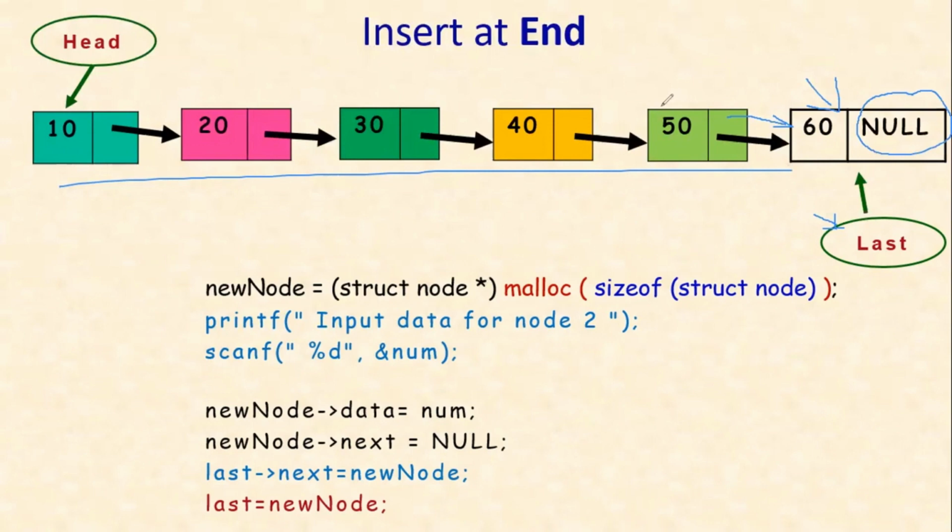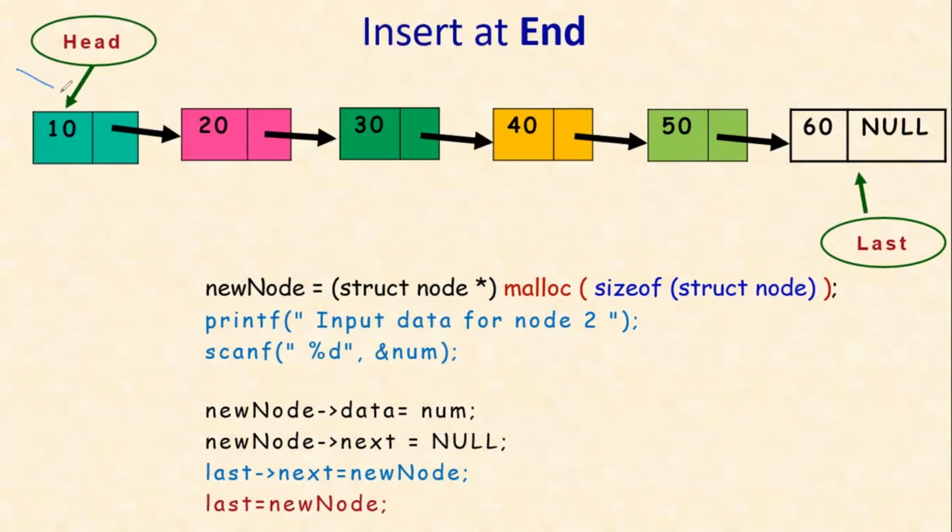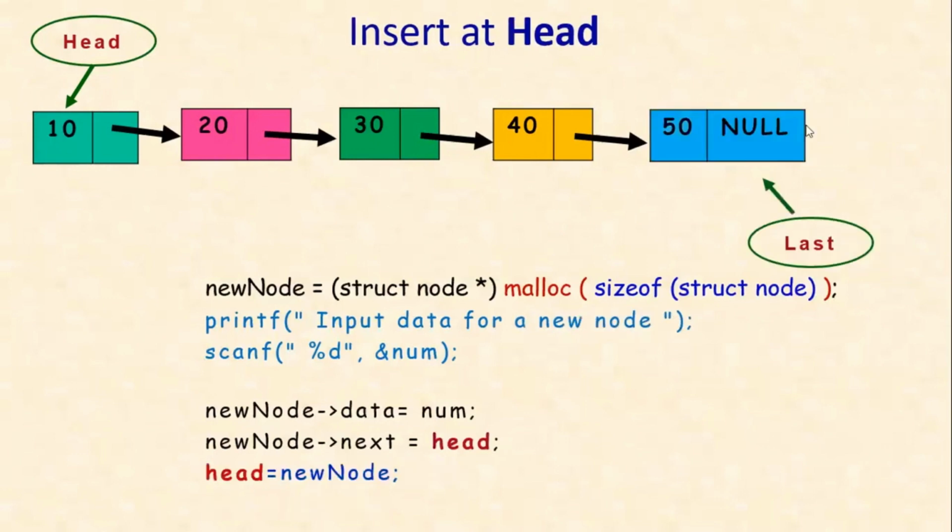Now we will see how to insert an element at head position. That is not that difficult, same as before. Now see this. You have a list, 10, 20, 30, 40, 50 are the elements in the list, and head is pointing to the first node that is holding 10.